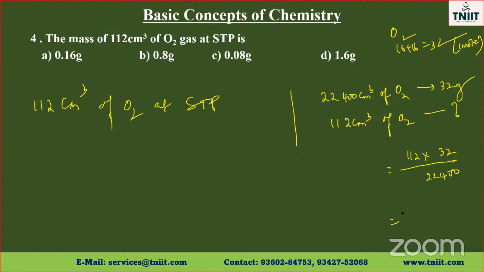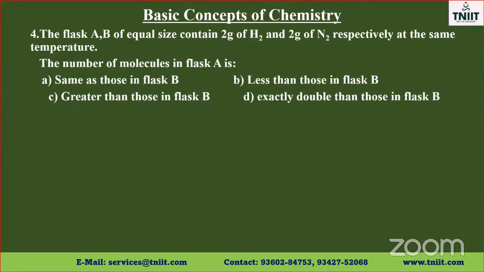It is 112 into 32 divided by 22,400, so the answer we get is 0.16 grams. So the answer for this question is option A. I hope you're following. You will get only 1 minute to work these questions in CET or competitive exams.